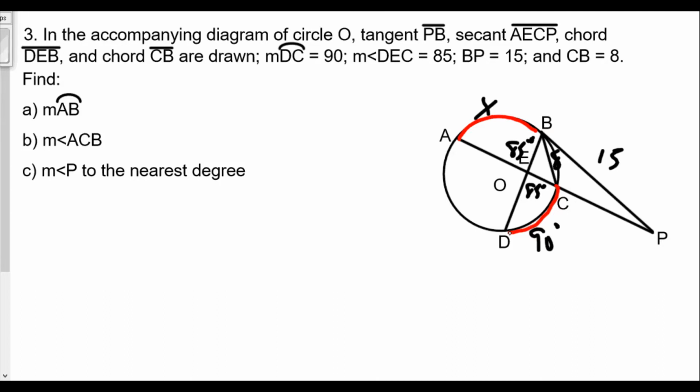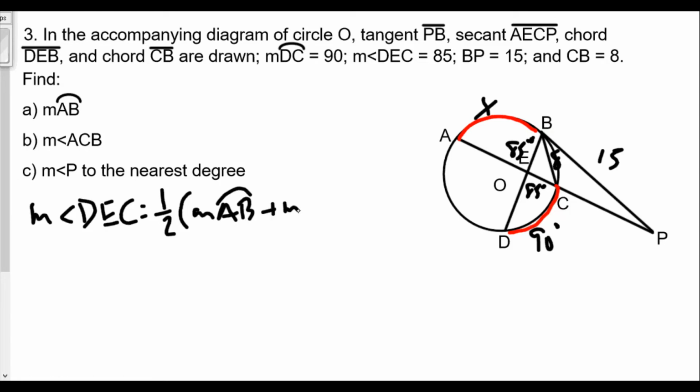That formula we know, or should know, is the measure of angle DEC is equal to 1/2 the difference of the arcs intercepted by that angle and its vertical, so measure of arc AB plus measure of arc CD. We know the measure of angle DEC is 85 degrees, so we're going to fill that in.